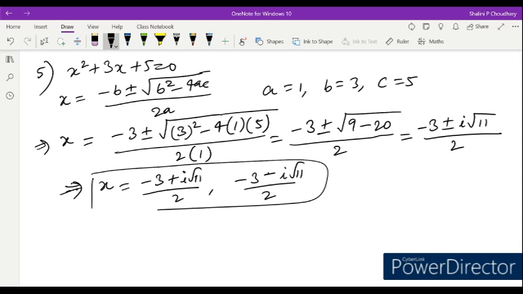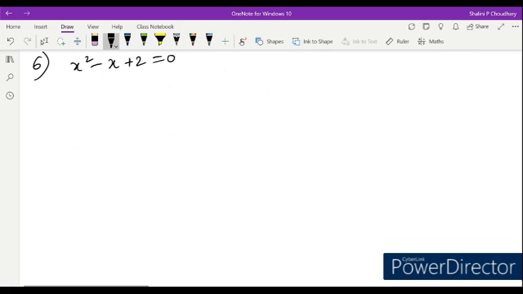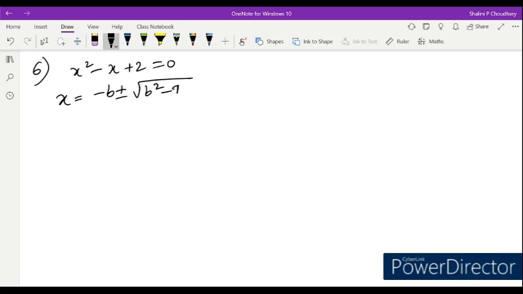Okay, now question number 6. x squared minus x plus 2 is equal to 0. So again x is equal to minus b plus minus square root of b square minus 4ac divided by 2a, and a का value is 1, b का value is minus 1 and c का value is 2.